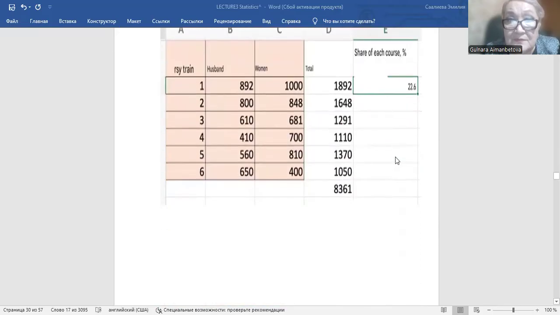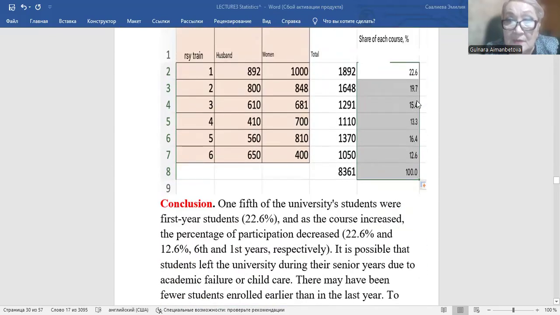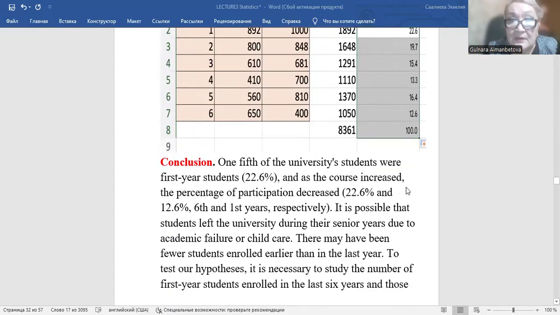We receive for the first course 22.6%. We see all percentages in each year of study.